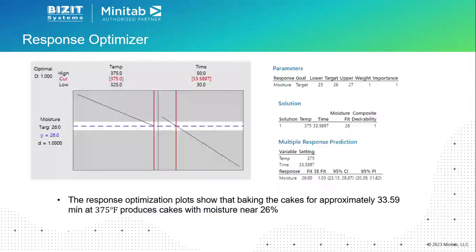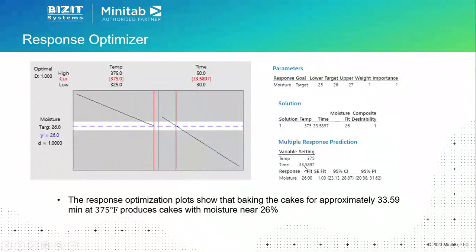To get the value of this, maybe you will see the fit value when you get the best parameter. For this case, the fit value will be the best from the temperature 375, and the time will be 33 minutes.